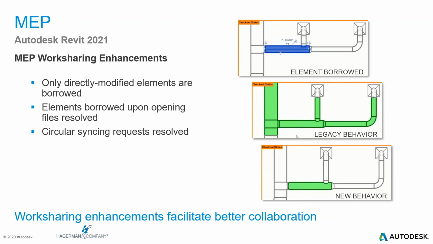Understanding of the trade-off for having the undesirable behaviors removed versus being in control of exactly what happens is beneficial. These improvements will enable MEP professionals to collaborate more effectively when using Revit work sharing.